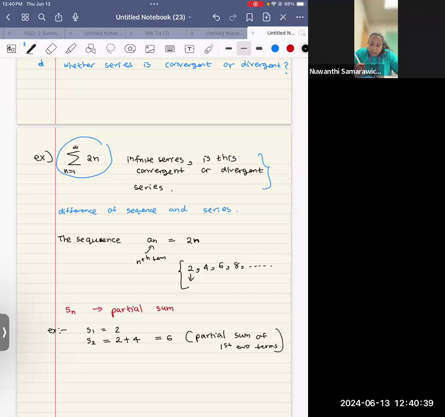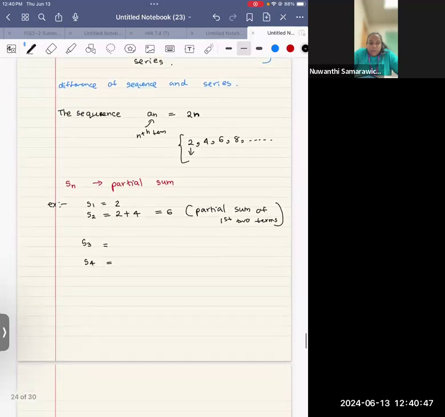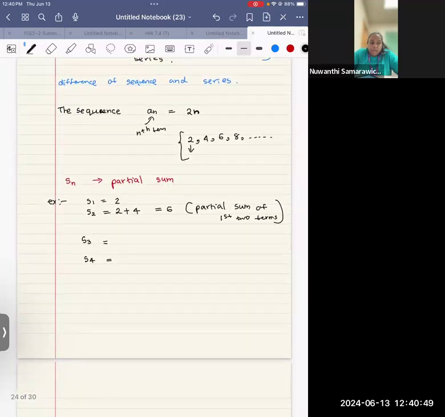Like that, can you find what is S sub 3 and what is S sub 4? It is 12 and 20. This will go on, but here we are taking just a partial sum.